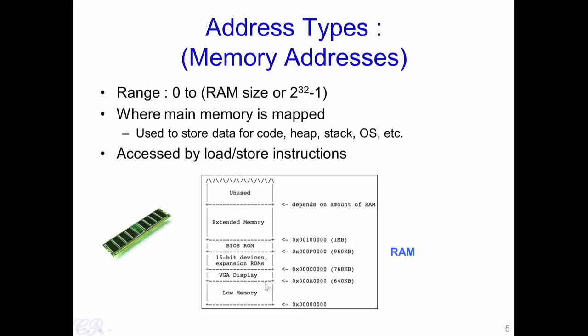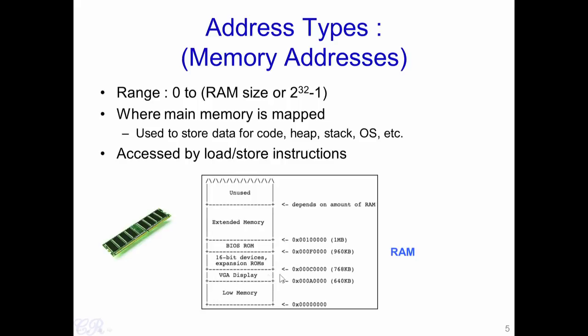Above this low memory, from 640 KB to 768 KB, all addresses would pertain to the VGA display. Again, this is a legacy issue where this particular area in the memory would correspond to the VGA display.